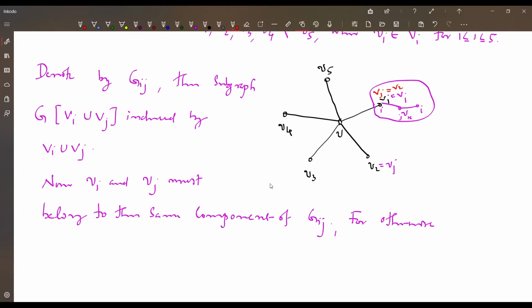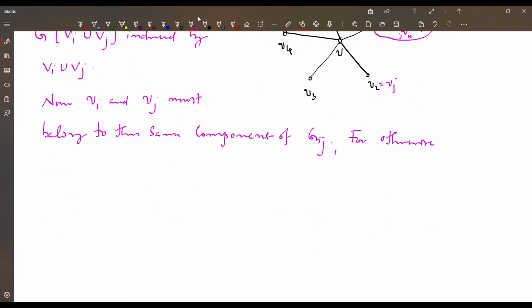So for otherwise, consider the component of Gij containing Vi.